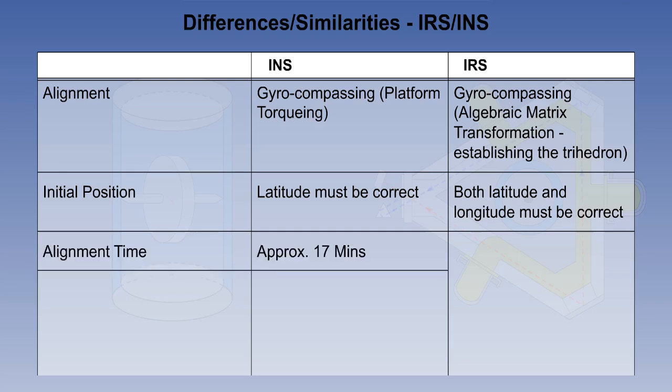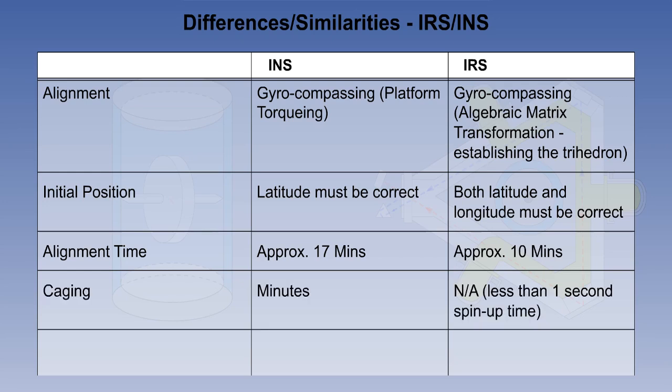The alignment time for INS is about 17 minutes at temperate and low latitudes. About 3 minutes of this is caging, 3 minutes is levelling, and gyro compassing takes about 11 minutes. IRS aligns more rapidly. About 10 minutes at temperate and low latitudes is normal.